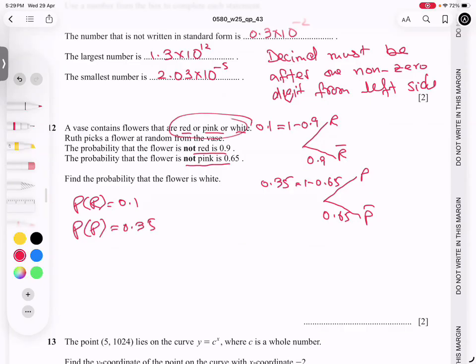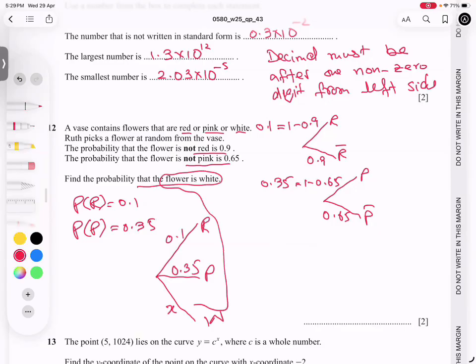We have 3 colors. So naturally, 1, 2, and 3. First is red, then pink, and then white. Red is 0.1, pink is 0.35, and this I don't know, because he said, what is the probability of the flower being white? And you know, the sum of all branches is always 1.